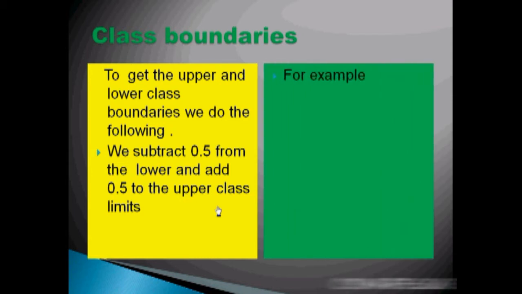For example, here you have class interval, lower class limit, upper class limit. So to get the lower class boundary, we subtract 0.5 from 60 and you'll get 59.5. So 59.5 would be your lower class boundary.